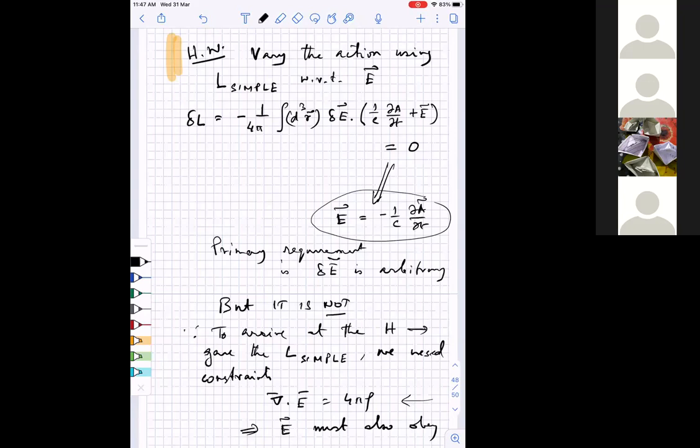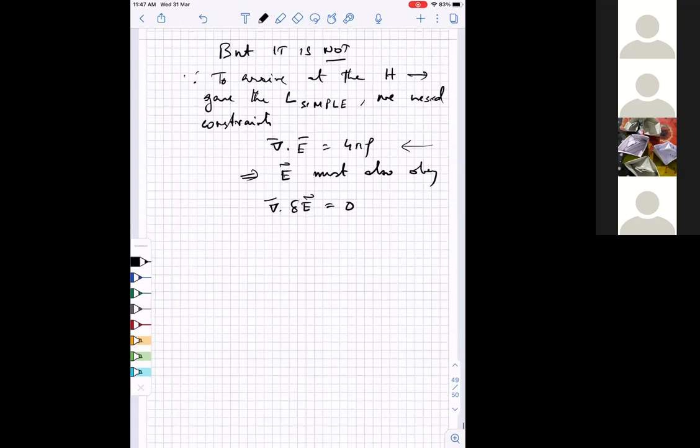So let me call this some vector. It basically tells you that the vector in the bracket, which is multiplying delta E, must be a gradient of a scalar, because otherwise we do not get this last equation.